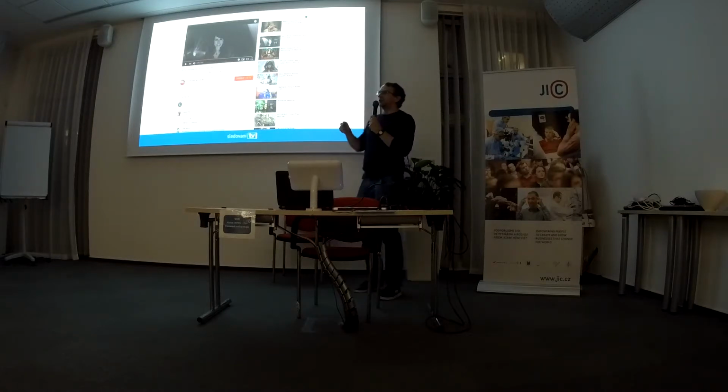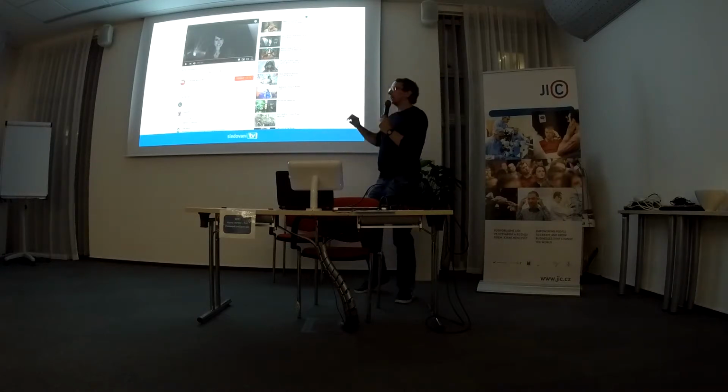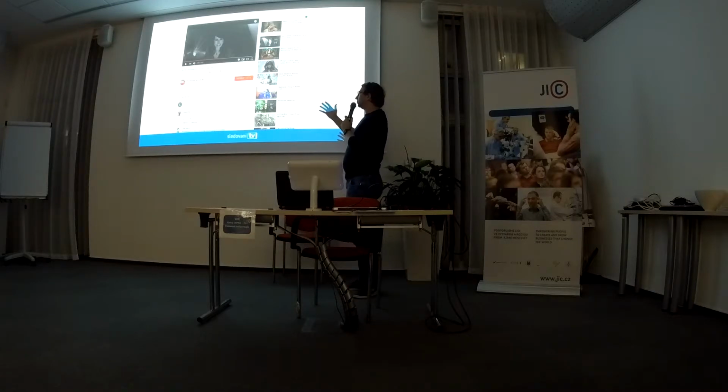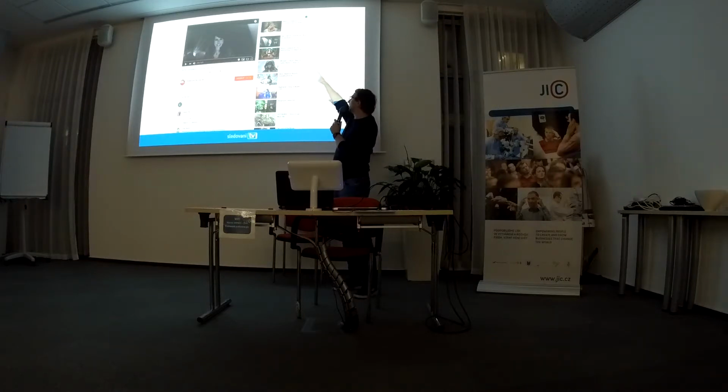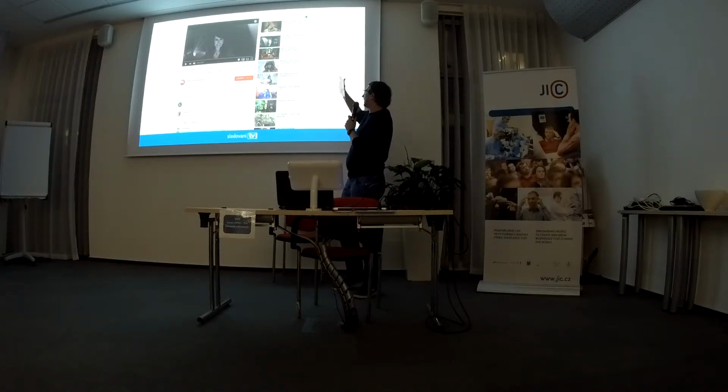So I have the same information repeated multiple times in different places, and of course I don't want to download the list of all videos from YouTube. It's insane. I just want some part of the video list, some top 10 related videos, for example.